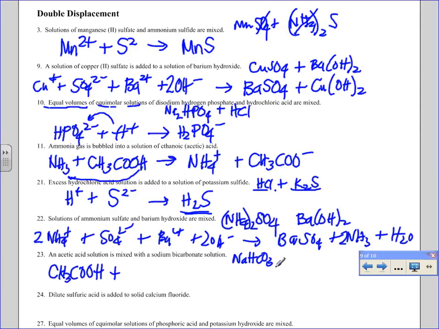And we must recognize that just like NH4OH, it further decomposes into H2O and CO2. Okay, so in this case, the sodium being the spectator, I'm reacting it with hydrogen carbonate. I get CH3COO minus, my acetate ion, and then I get H2O plus CO2.